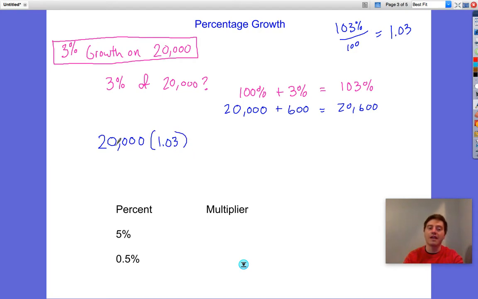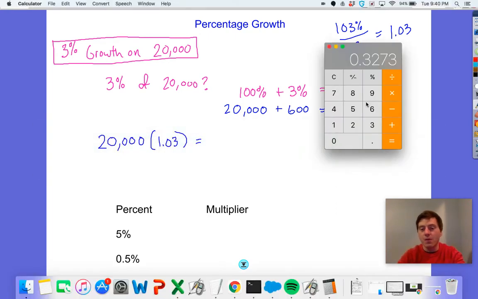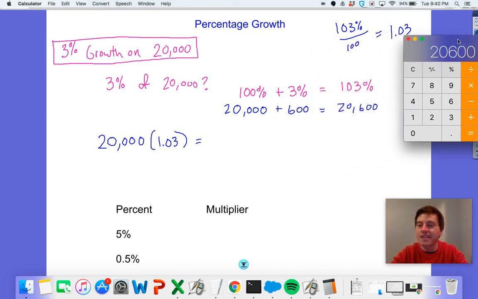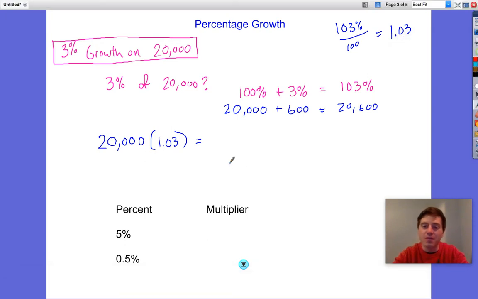So multiply 20,000 times 1.03. What's going to happen there? That will give us 20,600, which we know is the 100%, 20,000, plus the 3%, 600. And there we go. It worked perfectly.